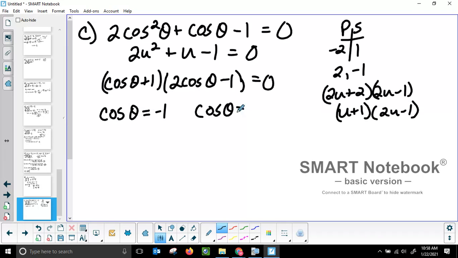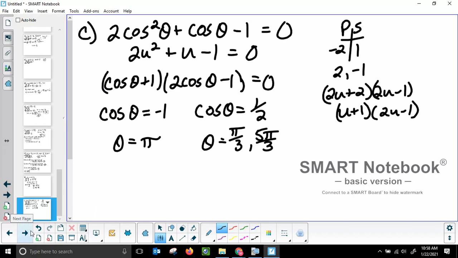Here we get cosine of theta is equal to 1/2. Cosine of theta is -1 at pi, and cosine of theta is 1/2 at pi over 3 and 5 pi over 3. You'll also be given a unit circle for this final exam as well. All right. Done there.